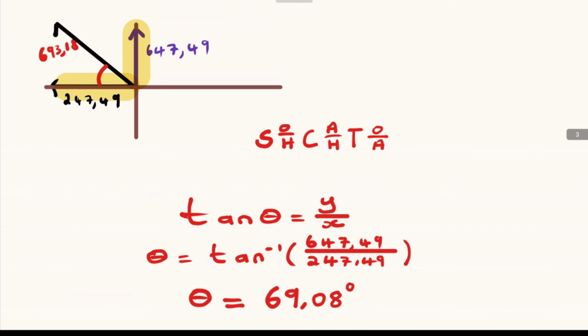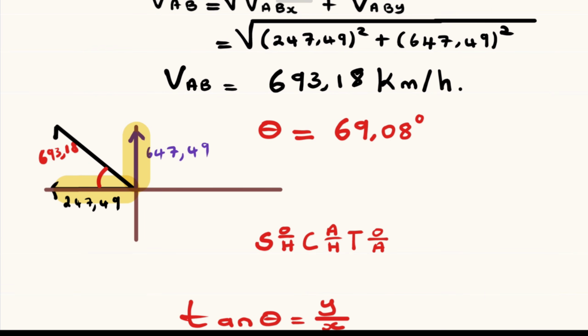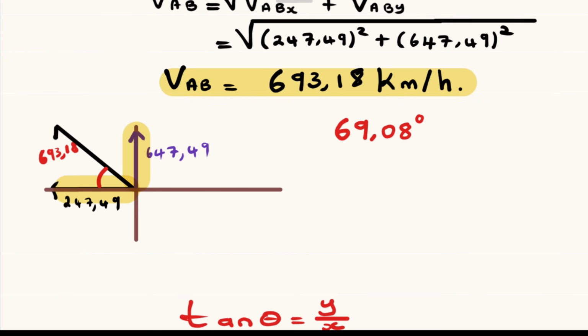So we can define it using the bearings. The 69.08 degrees is our direction, and the velocity of A relative to B, the 693.18, is our magnitude. So on our diagram, we have that as west and we have north there. So our 69.08 degrees is from west and it's going to north. So this will be our answer.